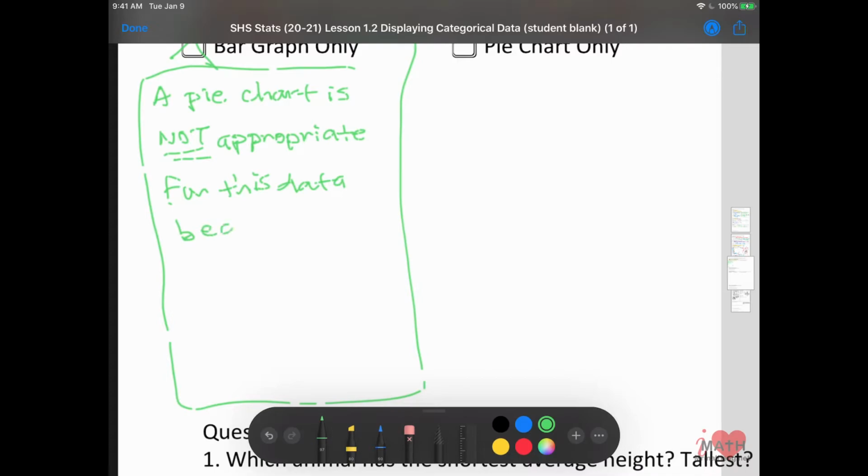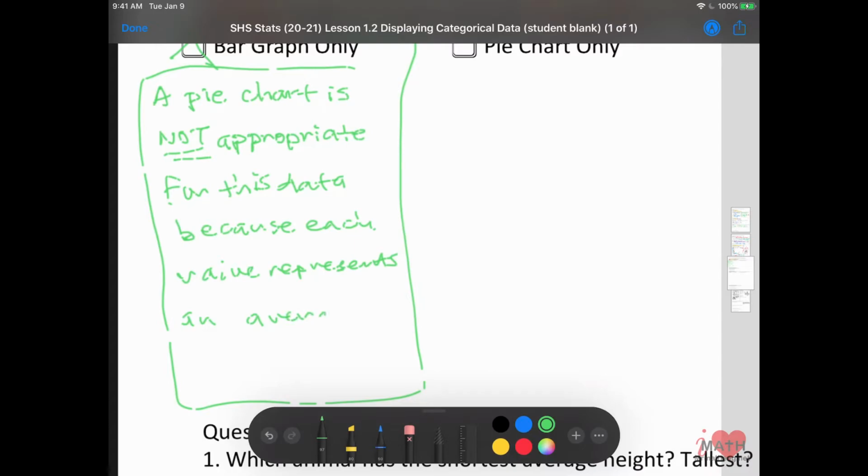Why? Because each value represents an average.